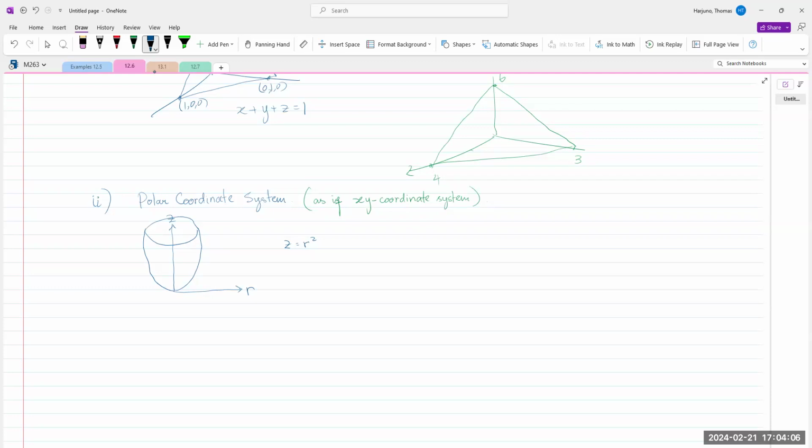Now in 3 dimensions, let me copy paste that graph here, but notice that I change my r, now it becomes y, and then I draw the x-axis here. Now you will see that r squared in the polar coordinate system is x squared plus y squared.